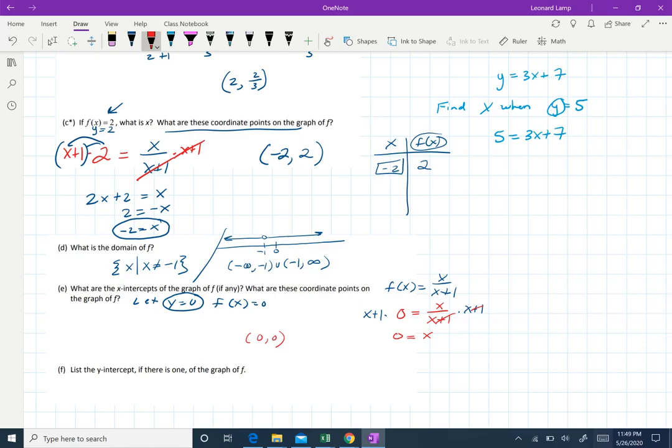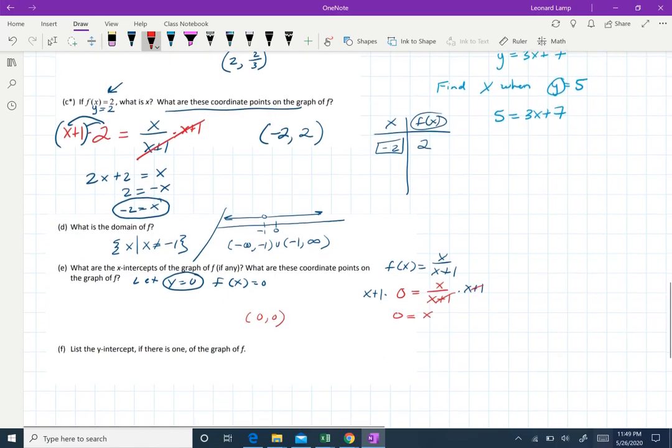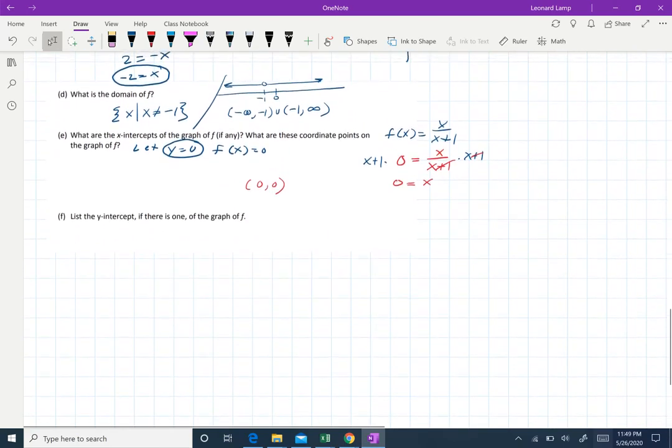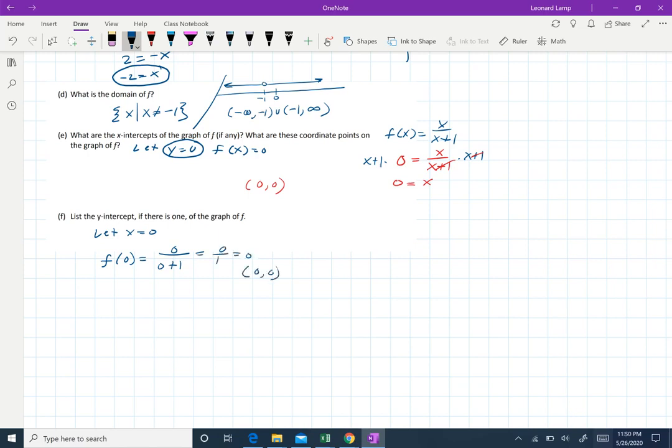Now, I told you this already, that if you have the origin as an x-intercept, you're also going to have that as your y-intercept. So it's no surprise that when you plug in 0, so here you're going to let x be 0, we don't have to change any of that, 0 over 1 is 0. No surprise that the origin also pops up as a y-intercept because the origin hits both the x-axis and the y-axis.